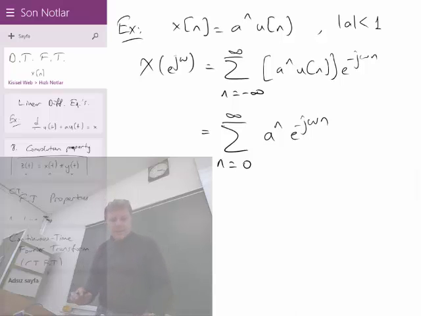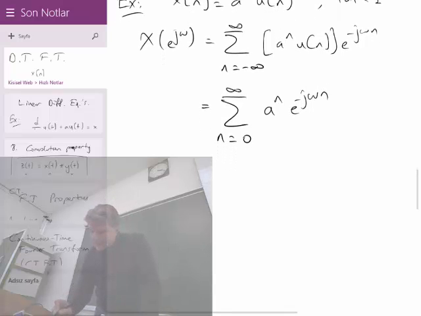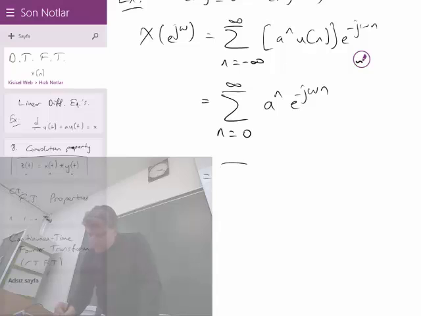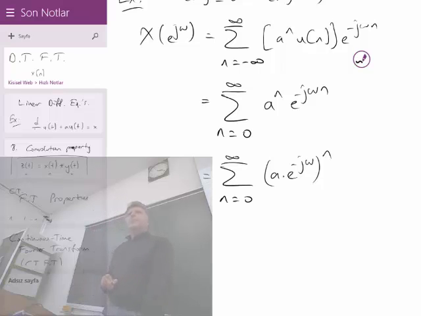Now we can make some combinations of this summation, put into some parentheses, n from 0 to infinity, a times e to the minus j omega, to the power n. Do you agree? a to the n, e to the minus j omega n, that is a times e to the minus j omega in parentheses to the power n.